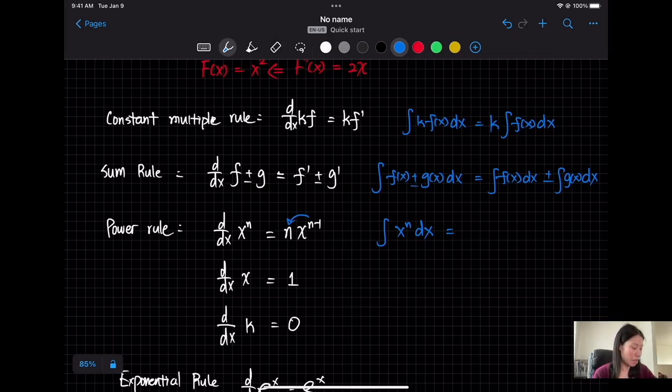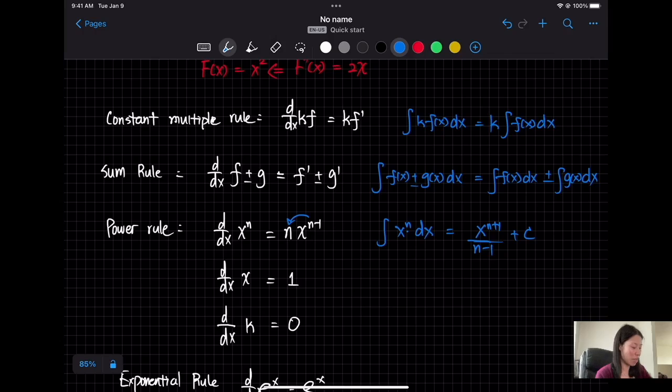So the power is n plus 1, because this is the antiderivative. You don't want to subtract 1, you want to add 1. And then instead of multiplying by n in front, you want to divide by n plus 1. So that's the antiderivative. Also, you need to add a constant c.